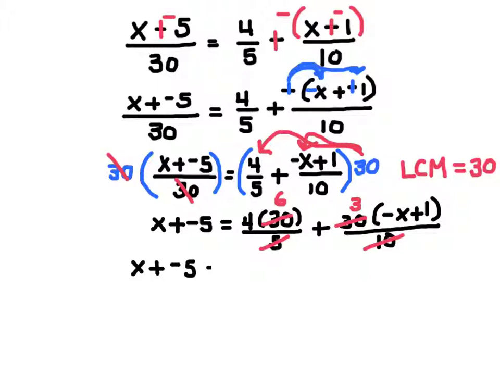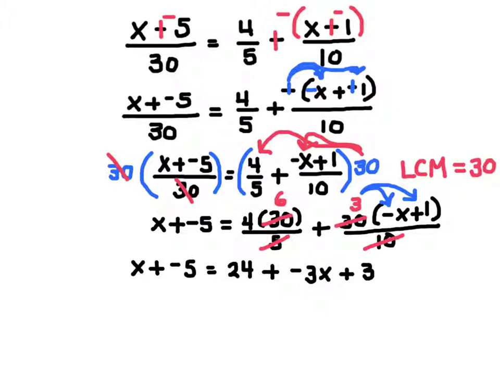And on the right-hand side I have 4 times 6, which is 24, plus 3 times a negative 1, negative x, so it's a negative 3x, plus, I'm going to distribute the 3 to the 1, so plus 3.